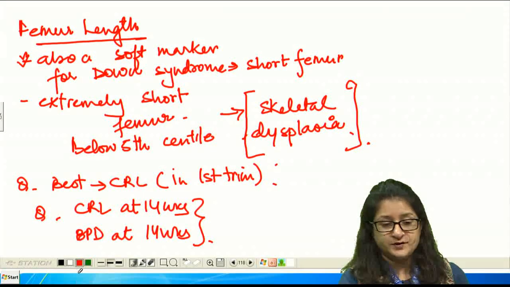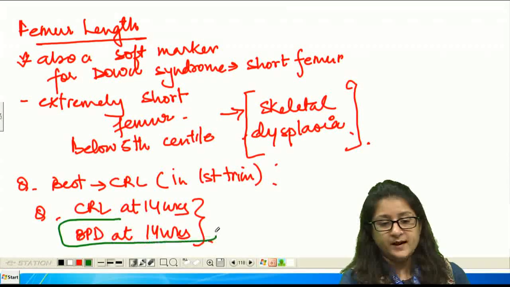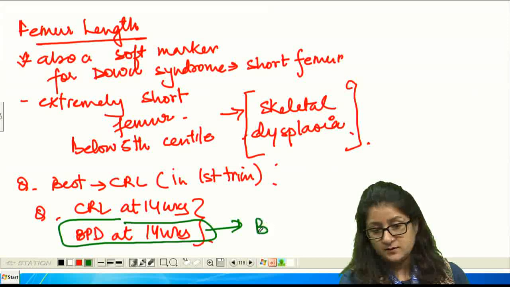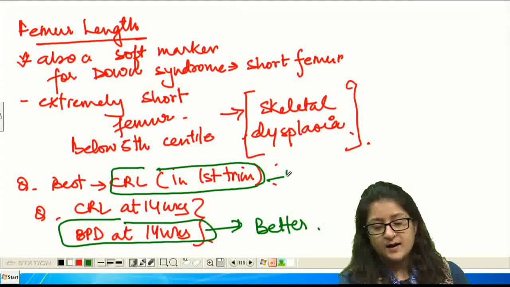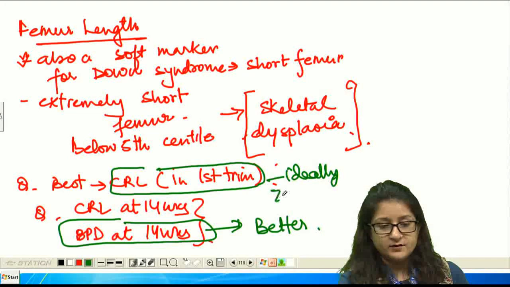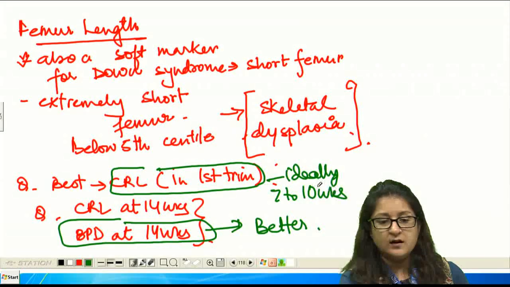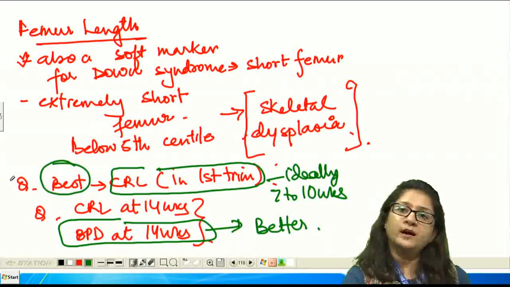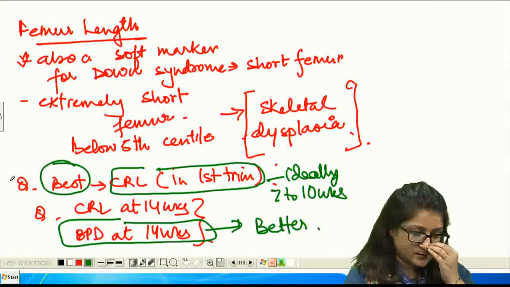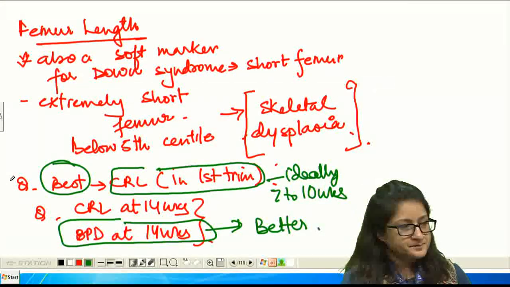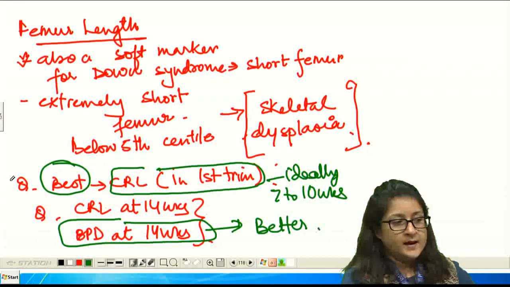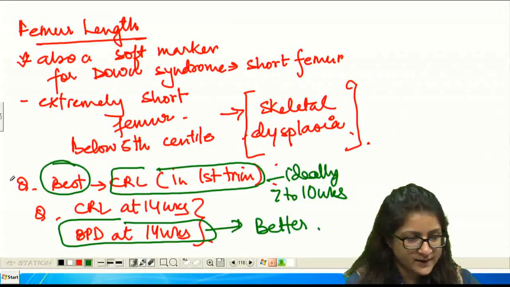Then BPD at 14 weeks is better. But CRL, if done in the first trimester, ideally between 7 to 10 weeks, is the best. So this is about the ultrasound diagnosis of pregnancy. All right, now let us move on to the next question.